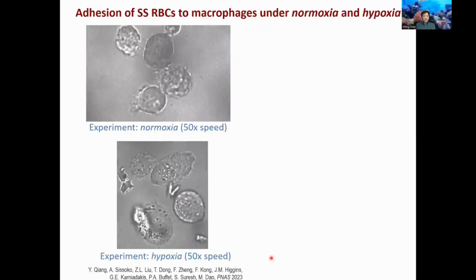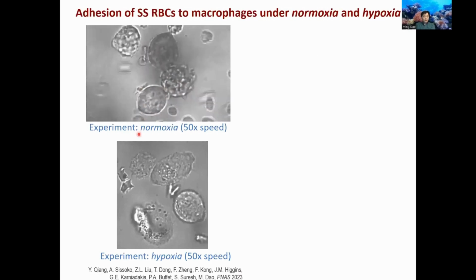On the other side, what happens to macrophages? Adhesion of sickle cells to macrophages under normoxia and hypoxia, these are interesting questions. This video shows under normoxia the retention and adhesion of sickle cells to macrophages.